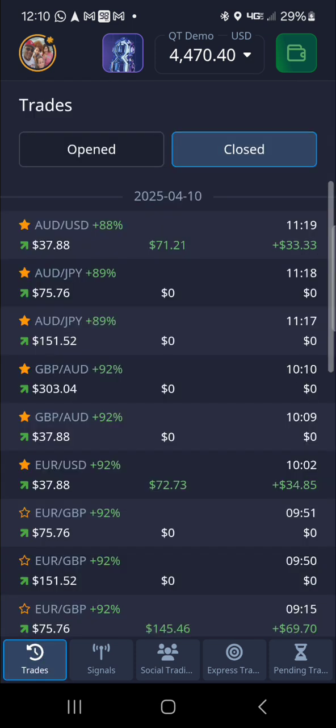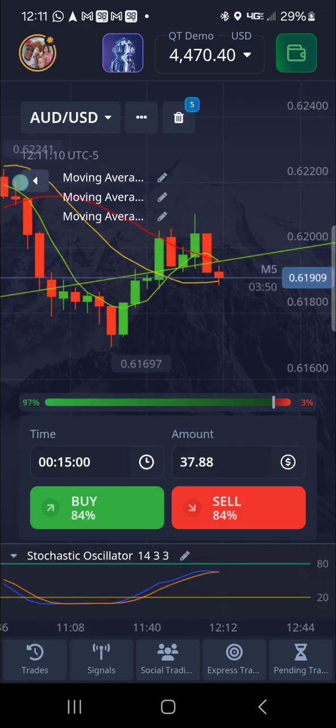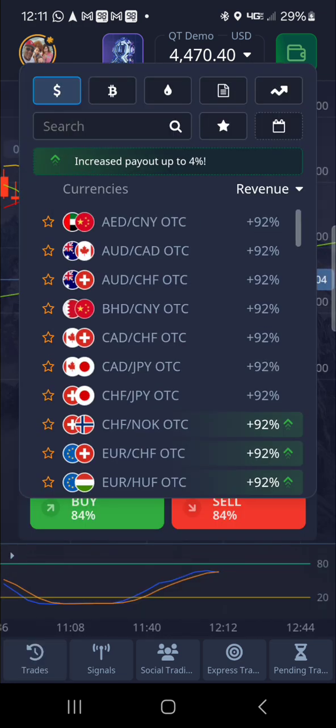Okay, so I lost two of them, 1-1. But that's sad. I thought that was money. Those AUD JPY. Let's see what happened.